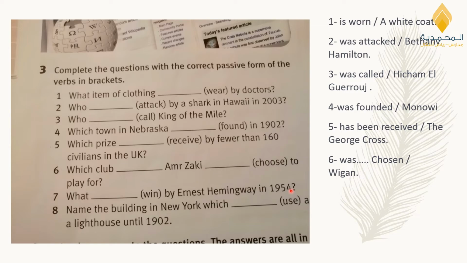What was won by Ernest Hemingway in 1954? Yes, it was the Nobel Prize for Literature. Finally, name the building in New York which was used as a lighthouse until 1902. This is something that has finished, so we say was used, and it was the Statue of Liberty.